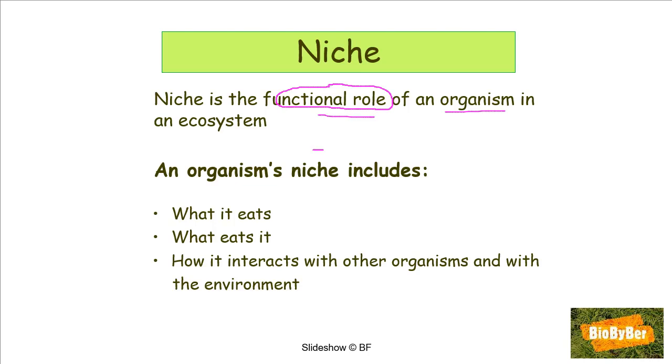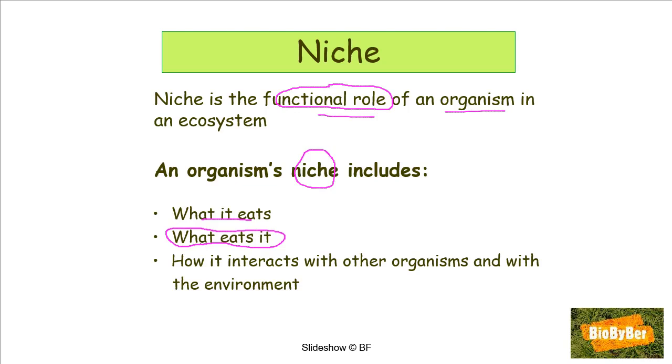Well, an organism's niche or job might involve what it eats. So it might be a ladybird's job or niche in the ecosystem to prey on the greenfly and keep their population number down. An organism's niche or job might include what eats it.